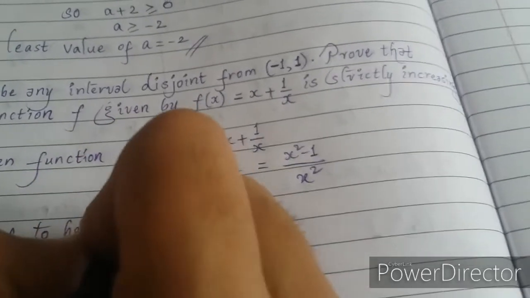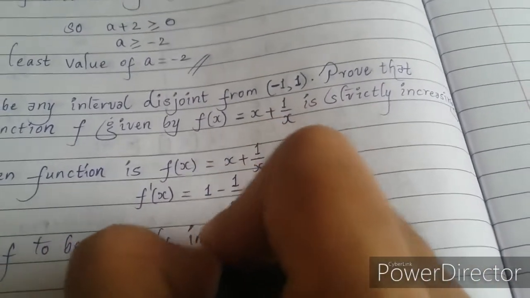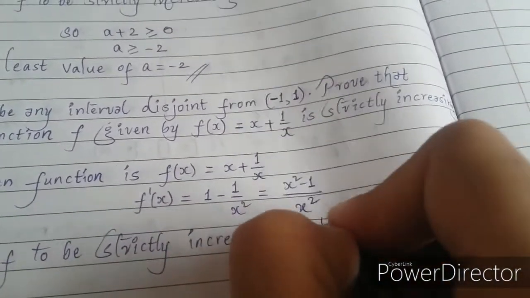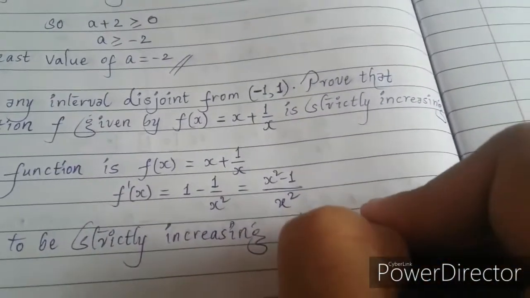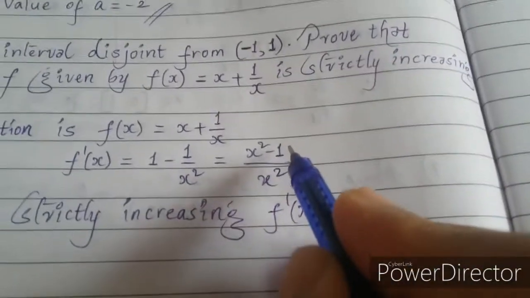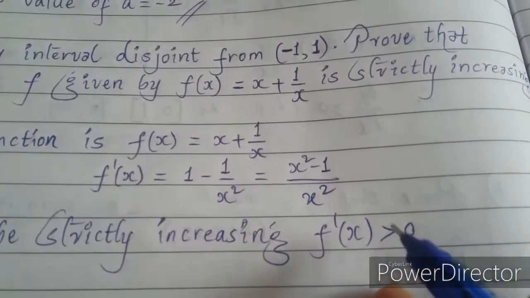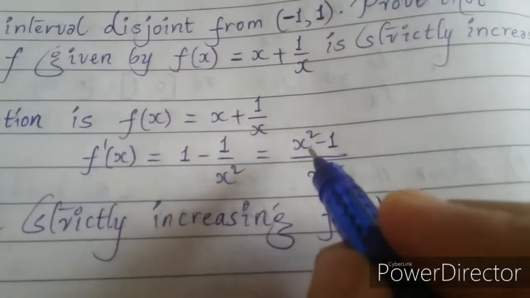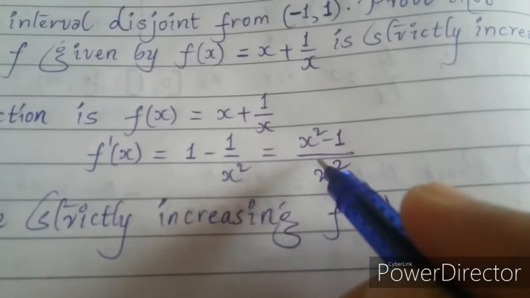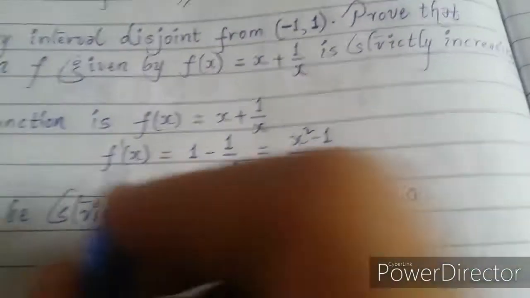For f dash x to be greater than 0, the numerator should be greater than 0, as x square is already positive. If x square minus 1 is positive, then only we can say that f dash x is greater than 0.